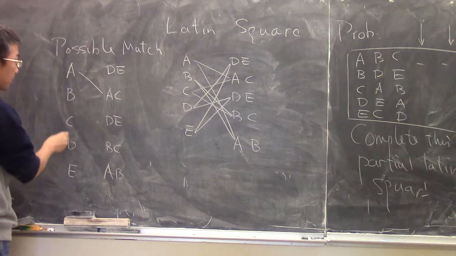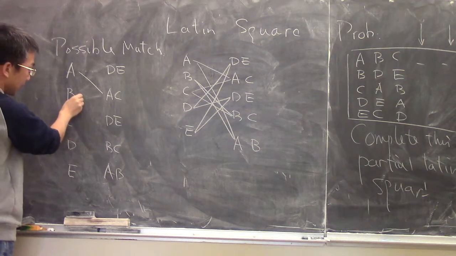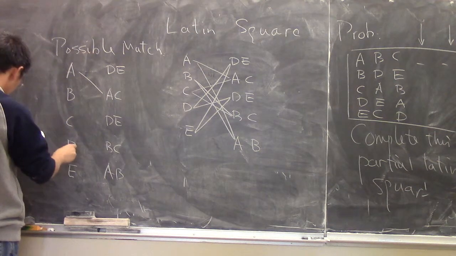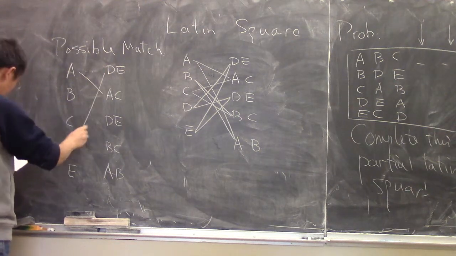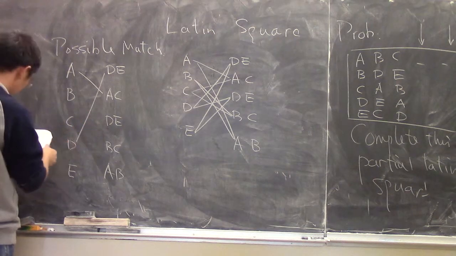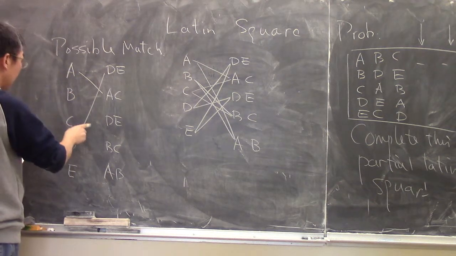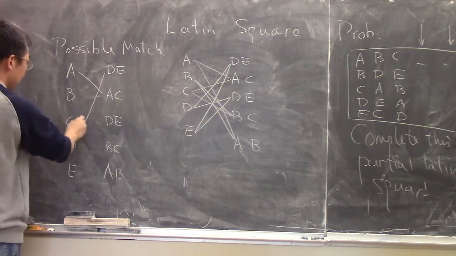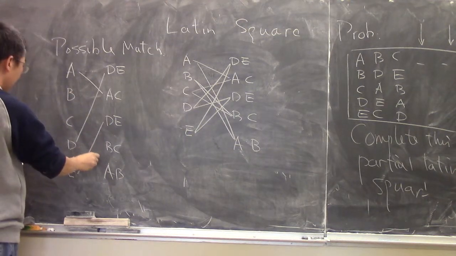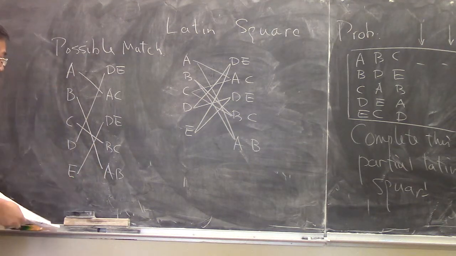B chooses from B, C, and if I choose D, then for the D, E word, if I choose E here, if I choose C here, if I choose B here. Okay, so that's 1 match.